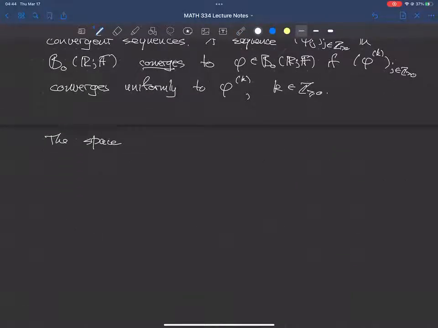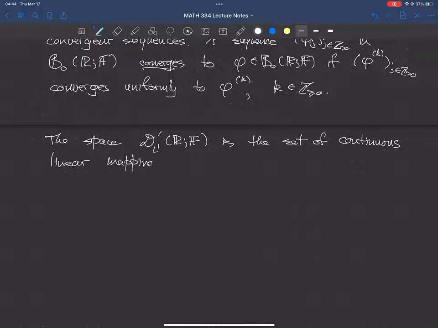The space D prime L1 of R is the set of linear, continuous, linear mappings theta from B0 to F. And continuity means just what you expect it to mean.